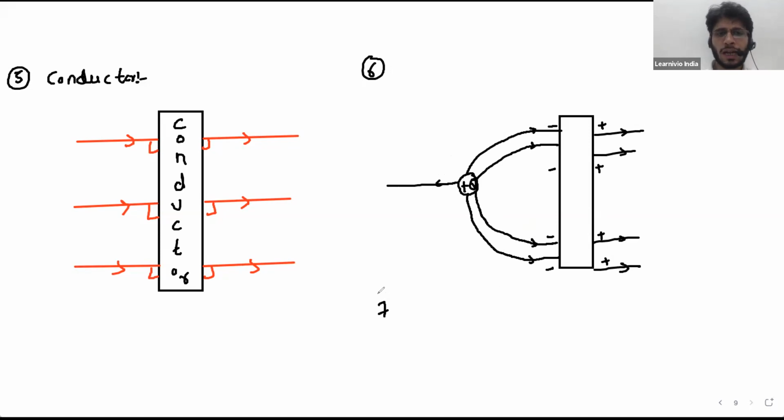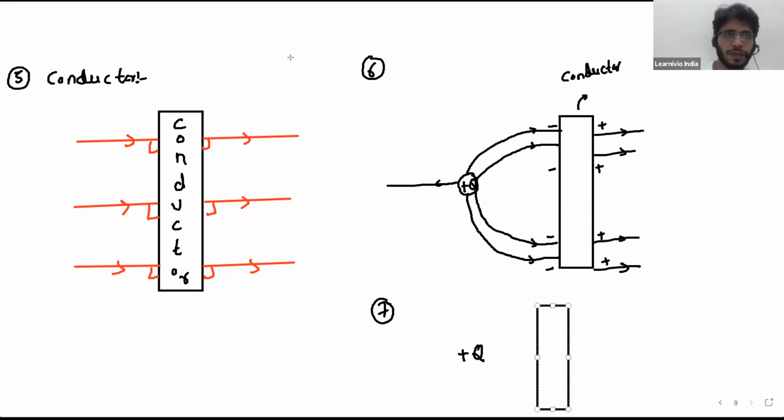There is one last type of question on electric field lines, where this is a positive charge, this is a conductor, and the second end of the conductor is earthed.